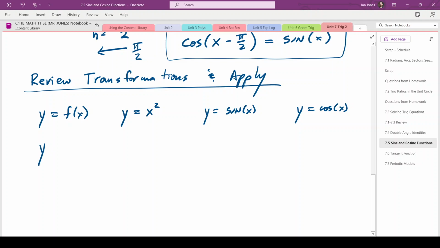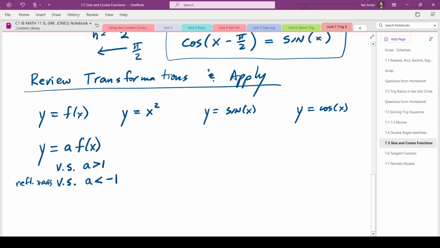Okay, so if I have a value of a times f of x, what does that do? Well, a causes a vertical stretch if a is greater than 1. It causes a vertical stretch and a reflection in the x-axis if a is less than -1.